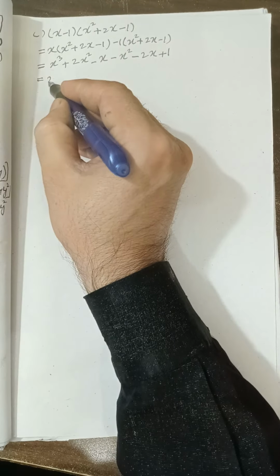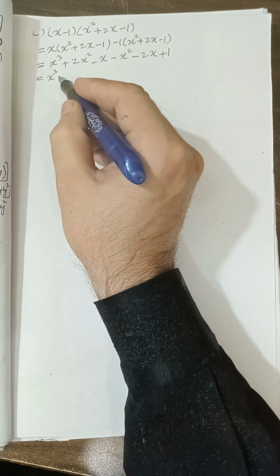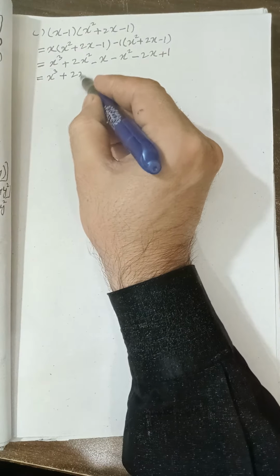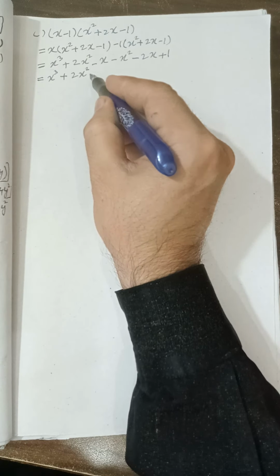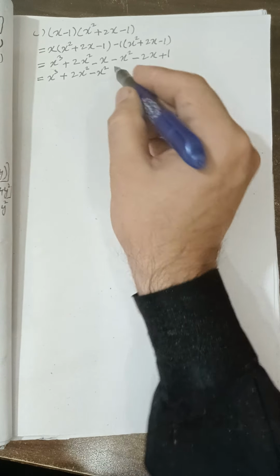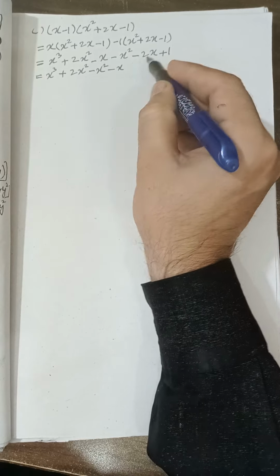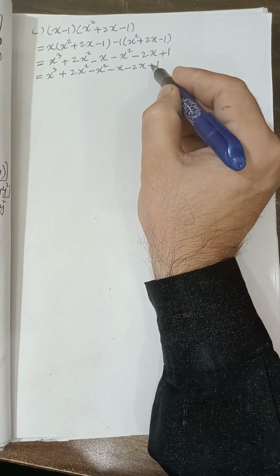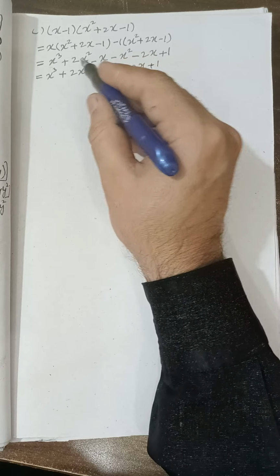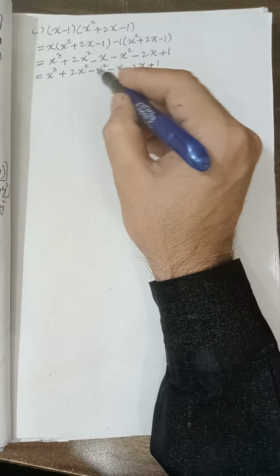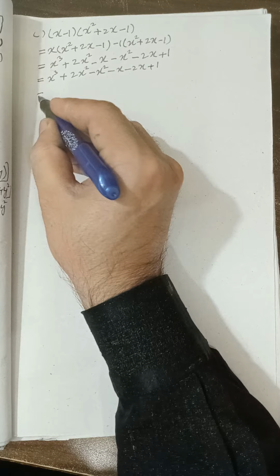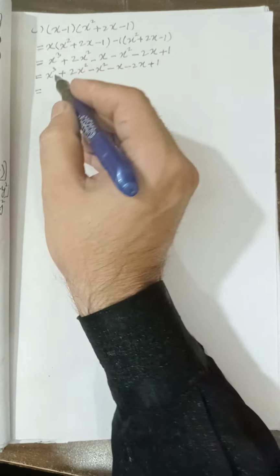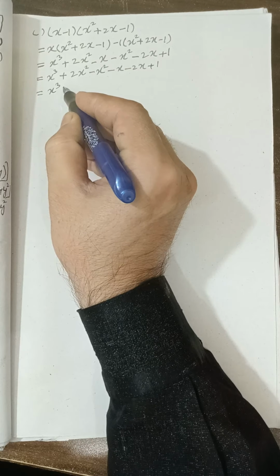Now arrange the similar terms. This is x cube, it has no similar term, and 2x square has a similar term, that is minus x square, and minus x has a similar term, that is minus 2x, and plus 1 is same. 1 2 3 4 5 6, 1 2 3 4 5 6. Always count the terms when you are arranging so that you can find any missing term.